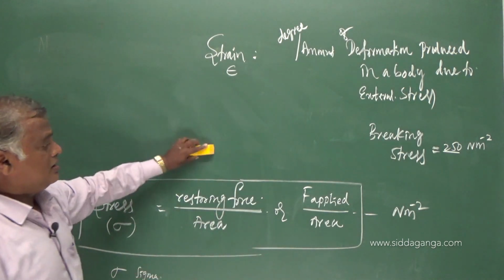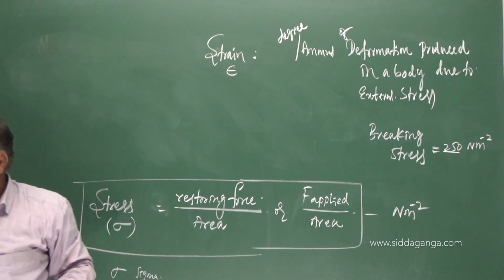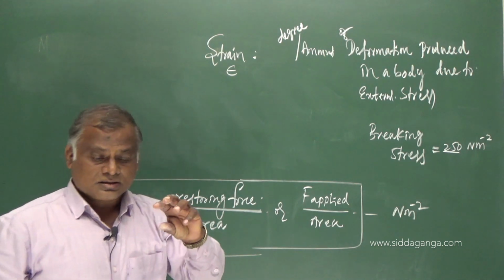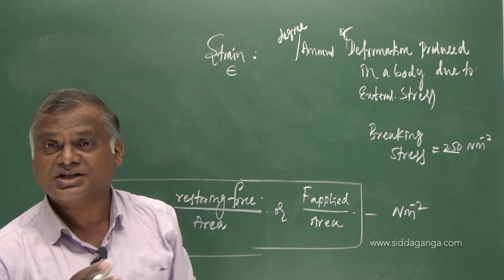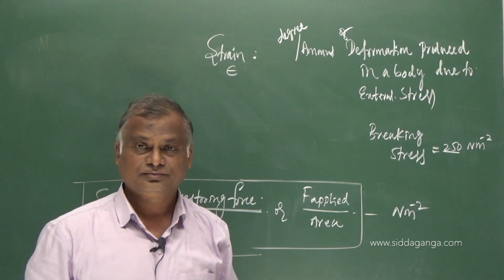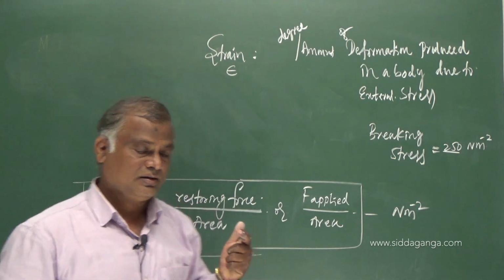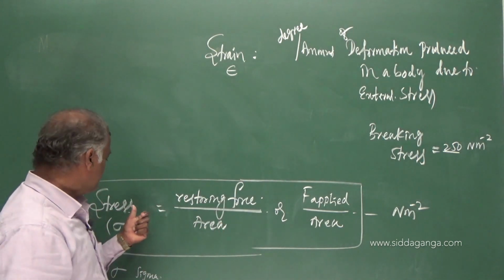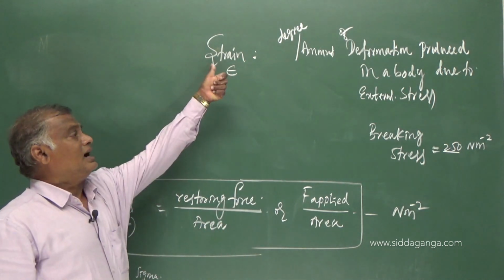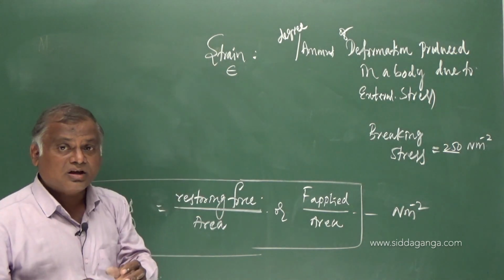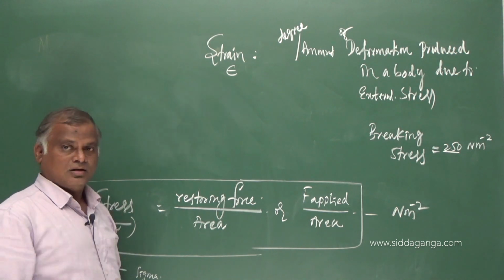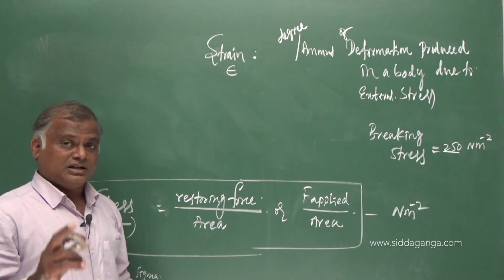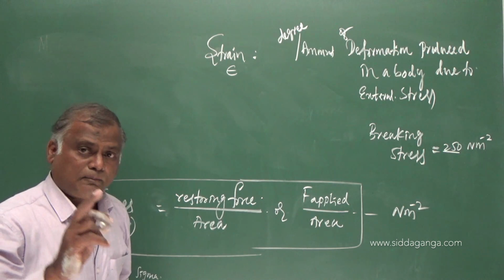Now, depending on the type of force you are applying, in what direction you are applying the force, stress and strain can be of different types depending on the direction of the force applied.